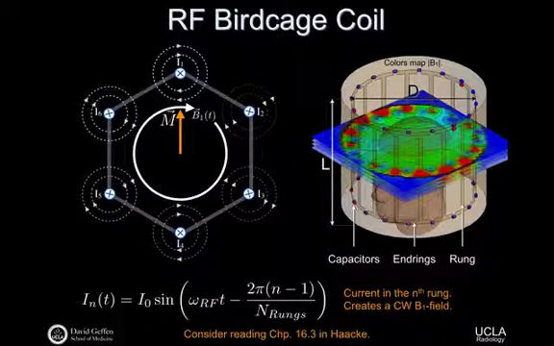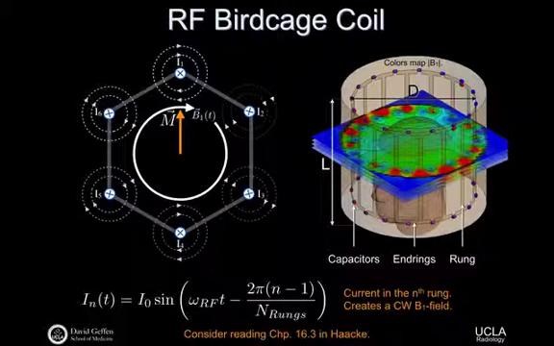Real quick, just to clarify, the reason we need to switch off the rungs is because they only provide force on the bulk magnetization when it's perpendicular. Is that what it was? Yep. If the B1 field is parallel to the magnetization, there's no torque. Right, so it was mu cross B that gave us a torque.